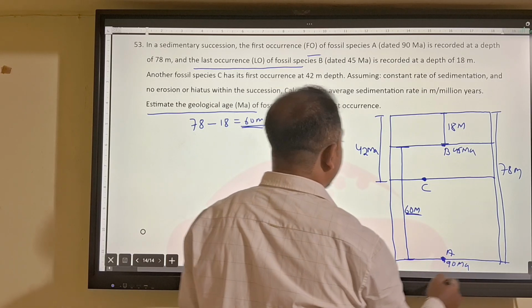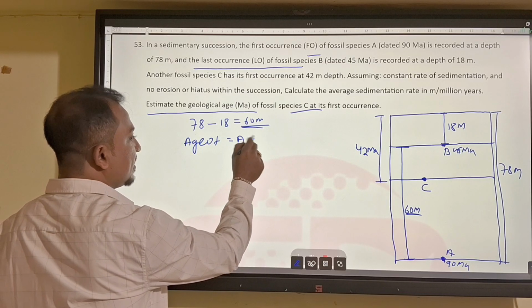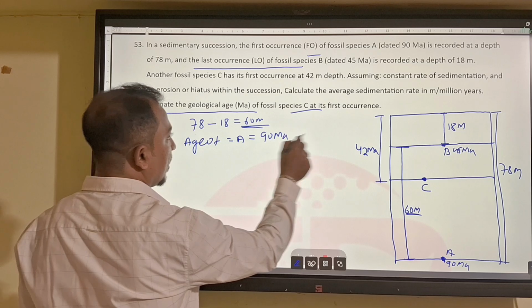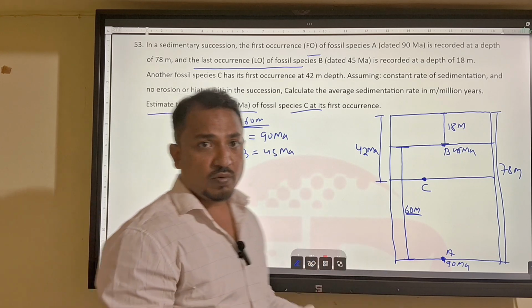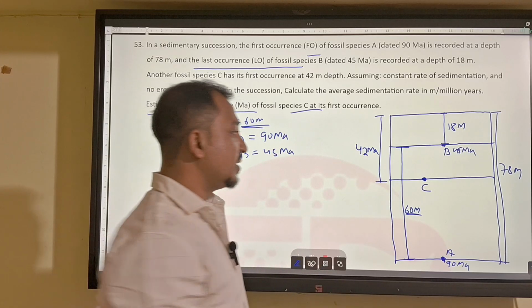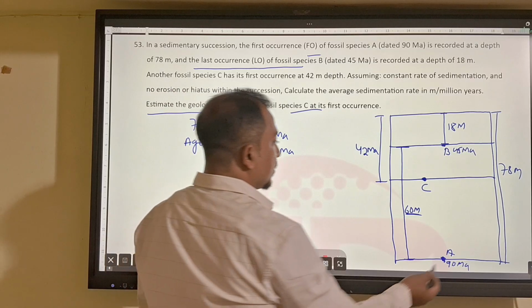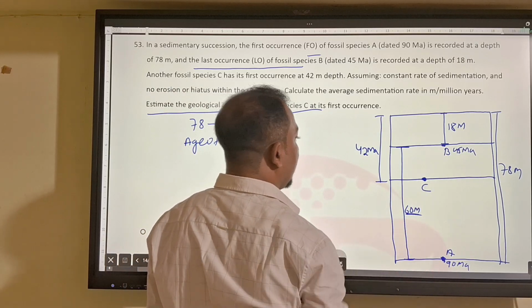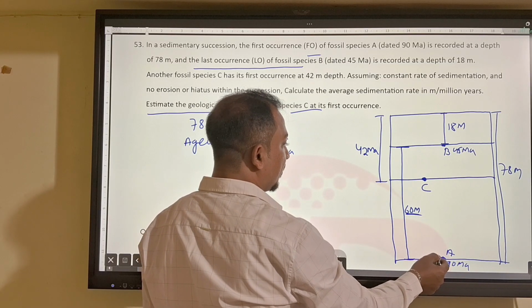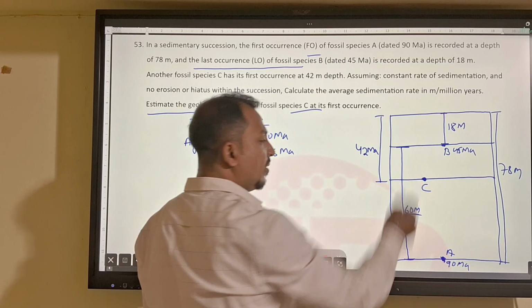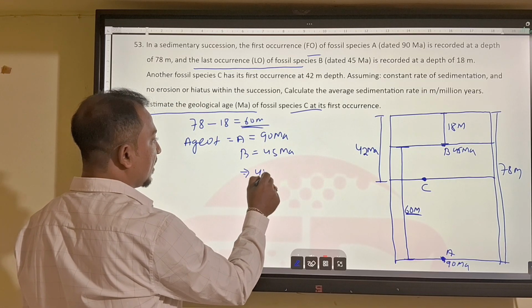Now, the age of A is 90 million years and the age of B is 45 million years. As it says there is no hiatus, no erosion, no unconformity, that means from A to B the deposition is continuous. So the age gap between A and B will be the time period taken to deposit from A to B. That is 45 million years.